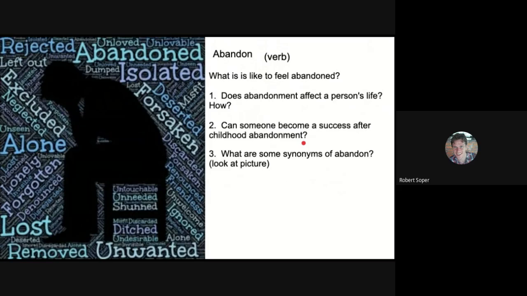Well, in my opinion, a person can become a success after childhood abandonment. Sometimes they feel motivated by that abandonment. They feel like they have something to prove. And there are many examples of people who were abandoned as children who became successful later in life.